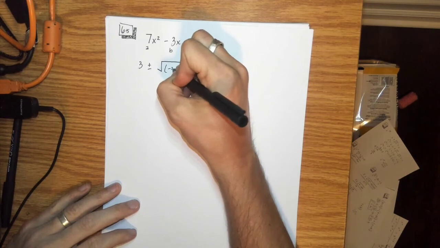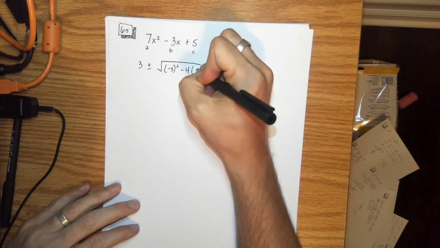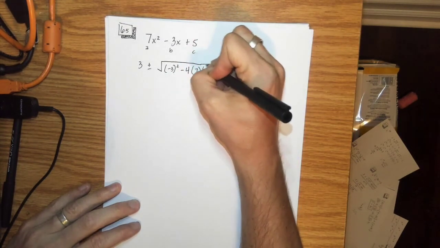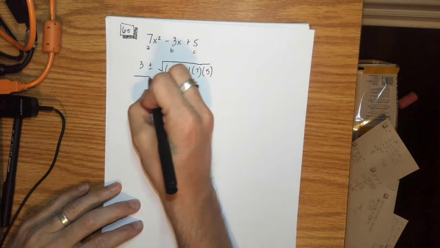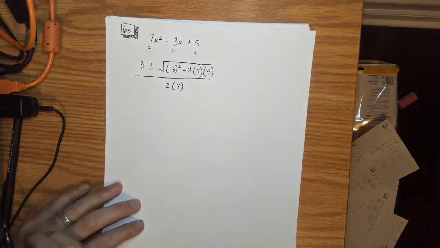This is a negative 3 squared minus 4 times a, which is 7, and then c, which is 5. Okay, and this is all over 2 times a, which is 2 times 7.